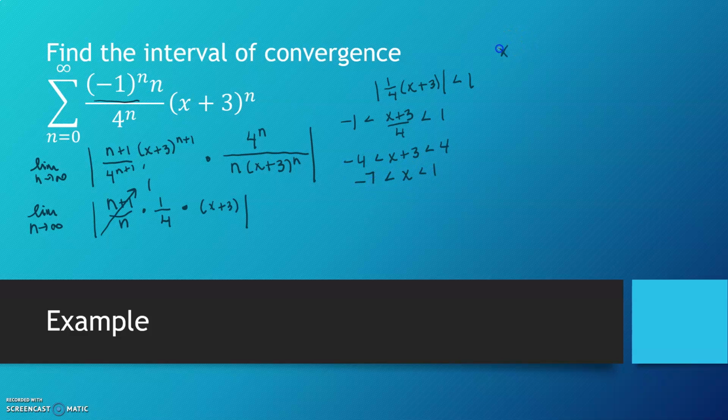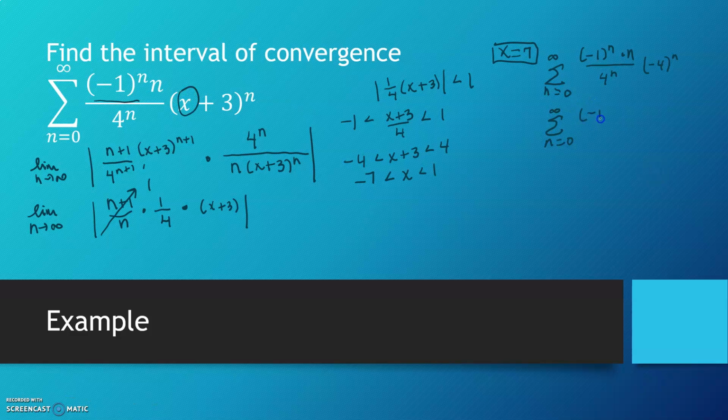So I'm going to check x equals negative 7. And now I am going to pay attention to that negative 1 to the n. That's part of my series. So negative 7 plus 3 would be negative 4 to the n. So I just plugged negative 7 in for x here.